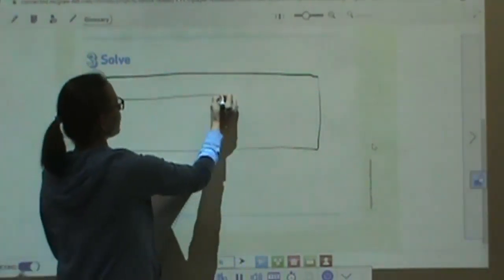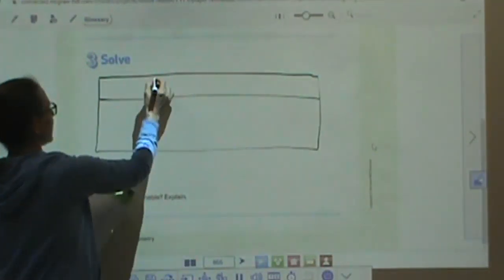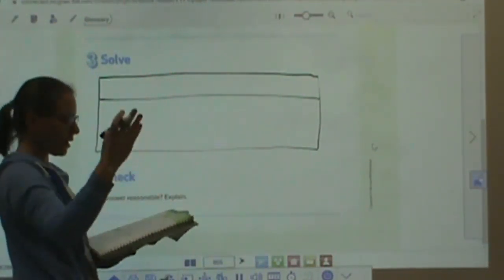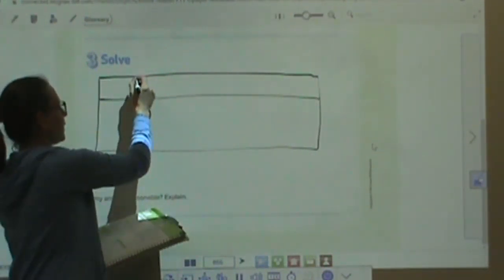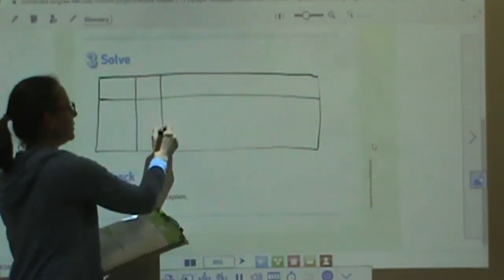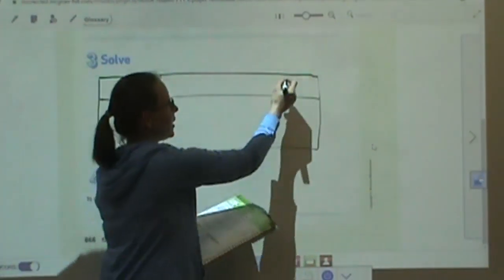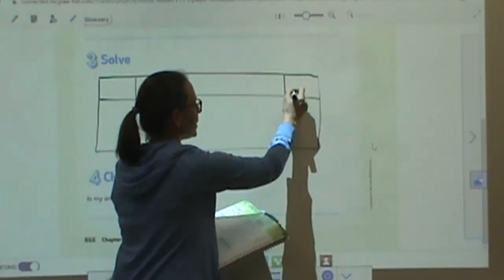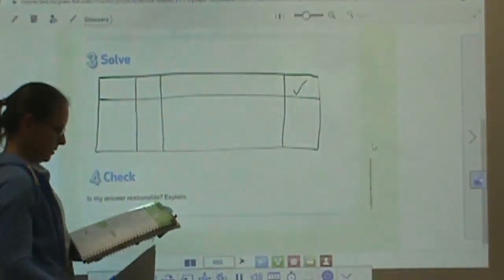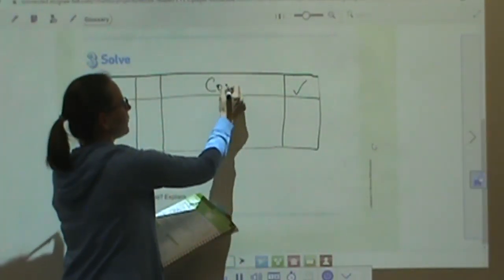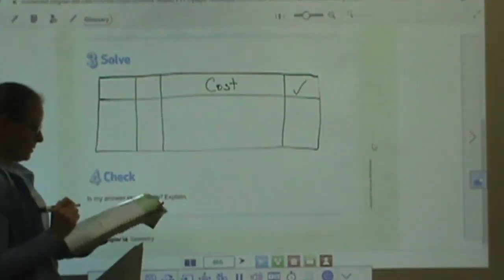Have one section for the headings, and we're going to divide it into 4 columns. The first 2 can kind of be little. The next one we want bigger because that's what we're going to solve. And then the one here is going to be our check. This is where we find the cost.